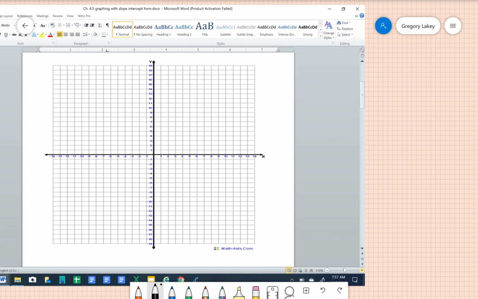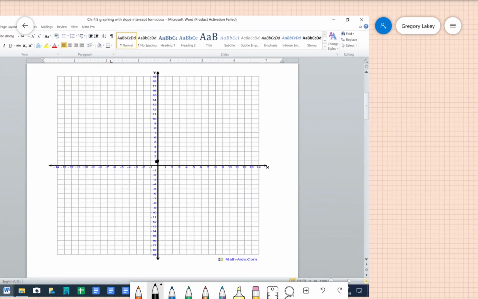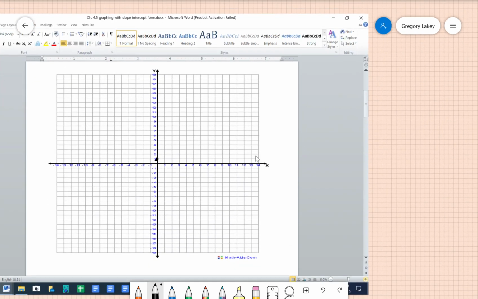So what is that? That's 0, 1. And then what is it? 3, 2, 6, 3, 9, 4, 12, 5.